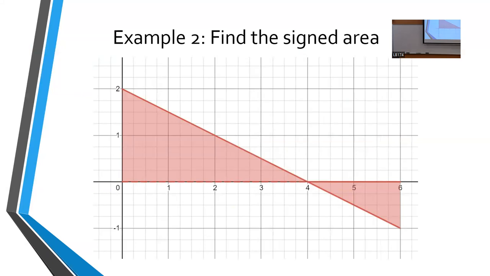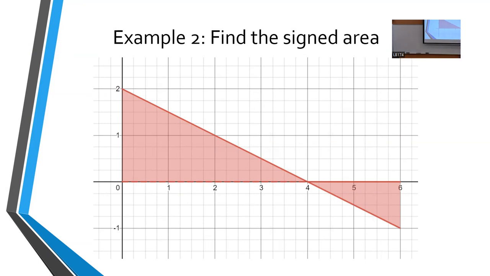If you looked at a picture like this, we have 2 triangles. One that is above the x-axis and one that's below the x-axis.